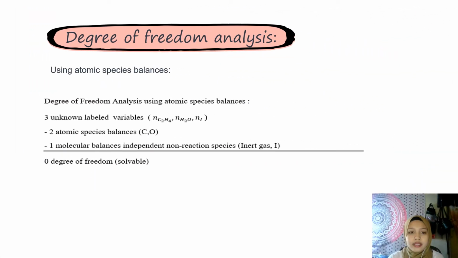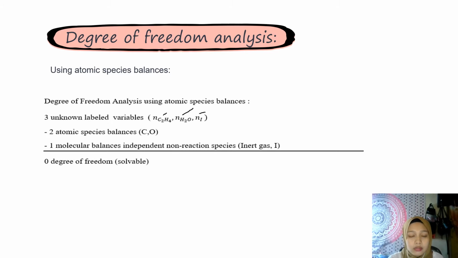To find the degree of freedom, we use atomic species balance. As we can see in the flowchart, the three unknown variables are the number of moles of ethylene, the number of moles of water, and the number of moles of inert gas.